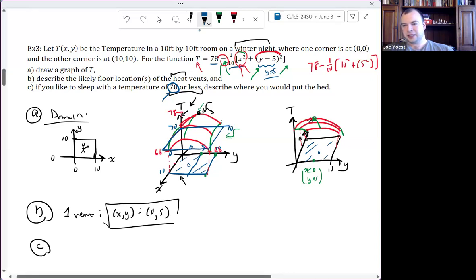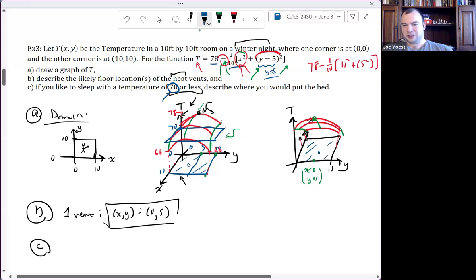I see that this plane is going to, let me redraw it. If I have a plane here at height 70, it needs to be a little bit higher. When I drew it, it wasn't really parallel to the plane below it.